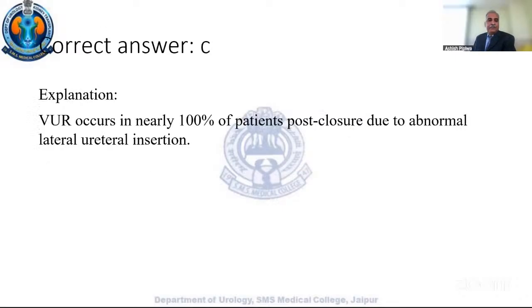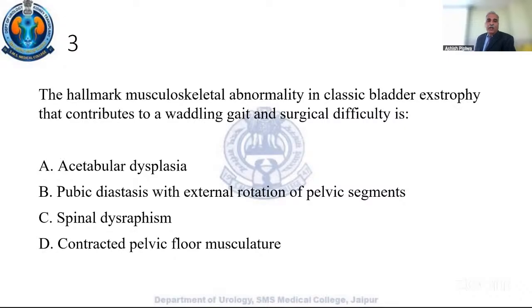Yes. The hallmark musculoskeletal abnormality in classic bladder exstrophy that contributes to waddling gait and a surgical difficulty is acetabular dysplasia, pubic diastasis, spinal dysraphism, contracted pelvic floor musculature. So we all know pubic diastasis is the most common. So sometimes even when you close it, it later again results in diastasis.